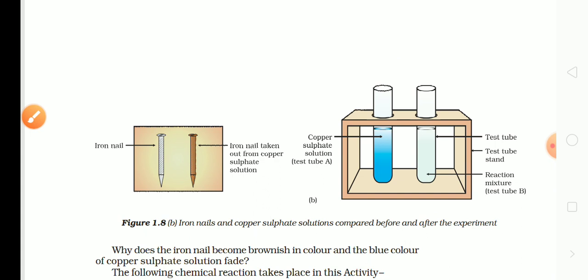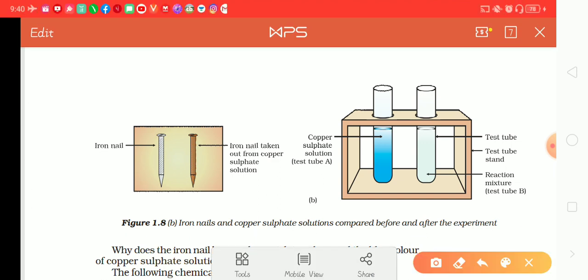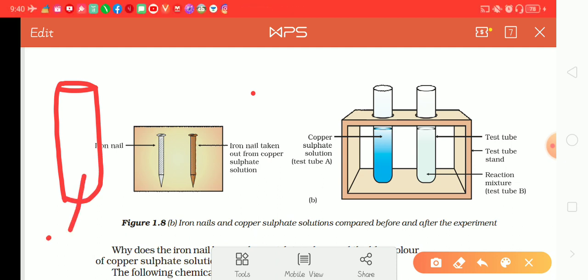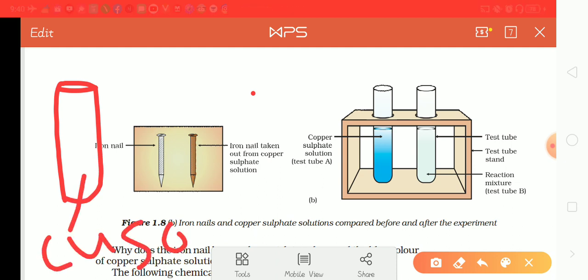What happened there? Suppose this is the test tube containing copper sulfate, and we have introduced an iron nail. I have already told you the reaction.